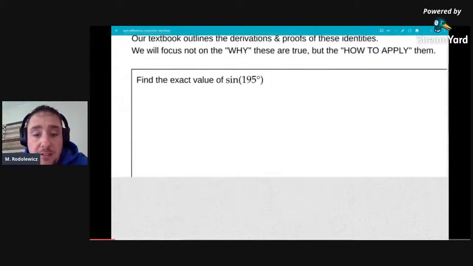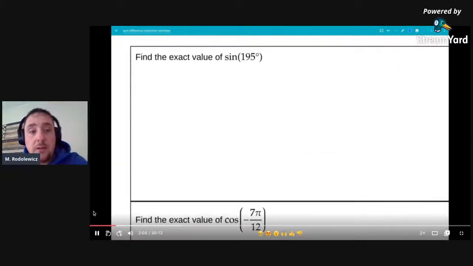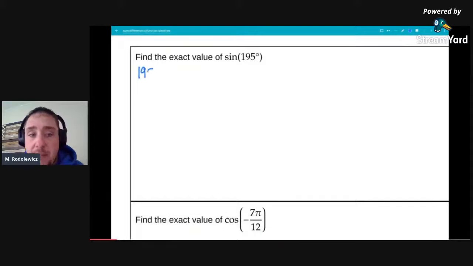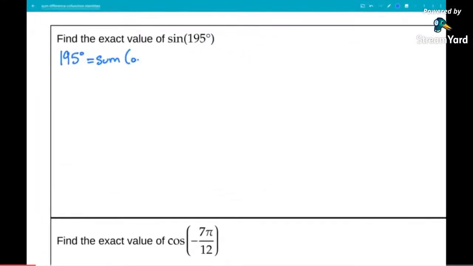So we're going to look at an example right now. How would we find the exact value of sine of 195 degrees? You start by determining how we can make 195 as the sum or difference of two common values.